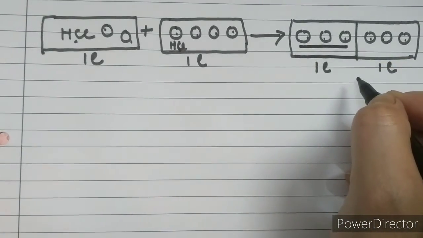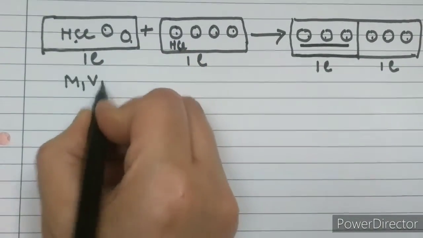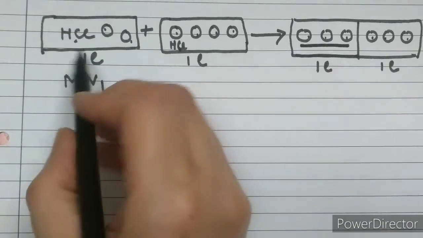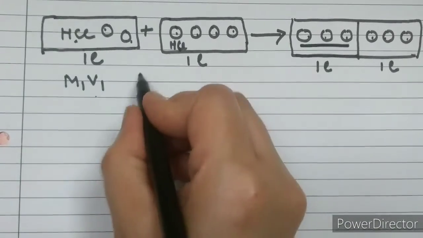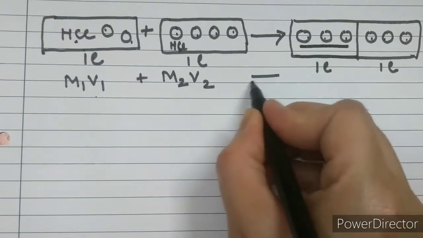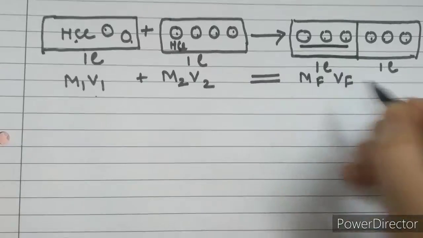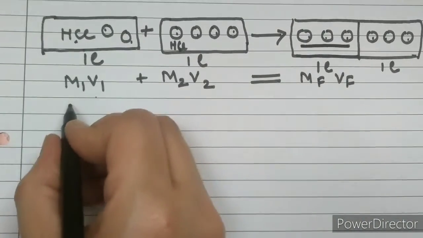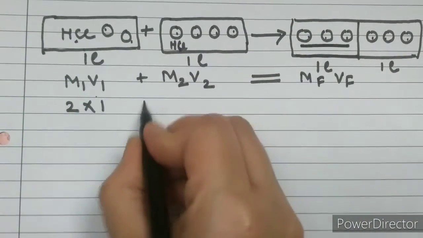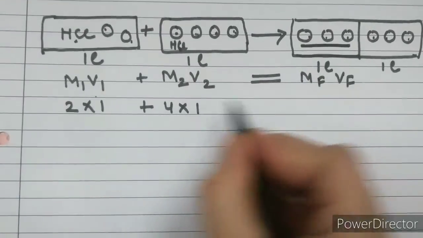So molarity changes. If I say this number of moles is M1V1, as we recently did, and this number of moles is M2V2, then the new number of moles will be M final, V final. So M1 is 2 and the volume is 1 liter, plus M2 is 4 and the volume is again 1 liter.